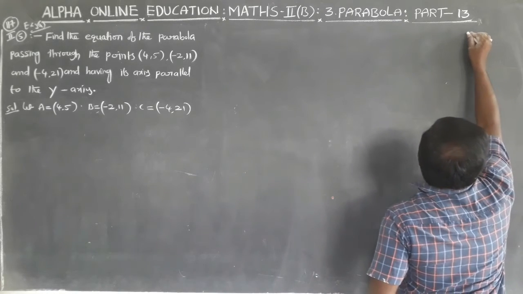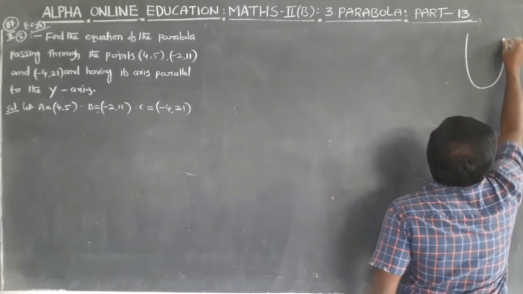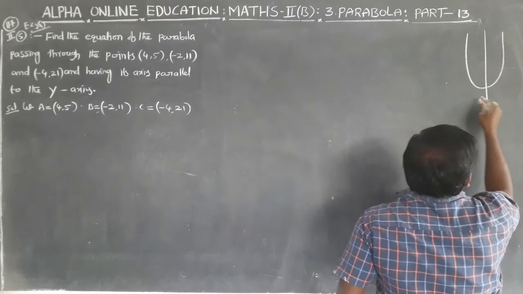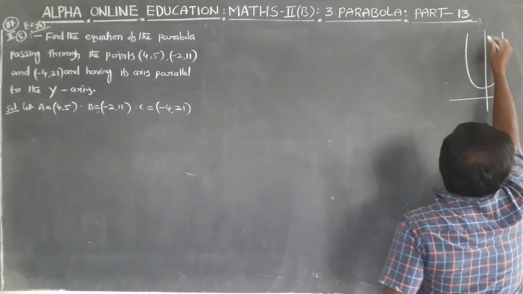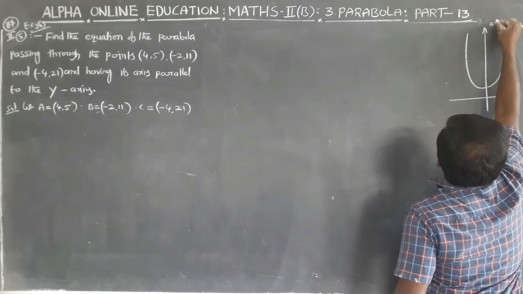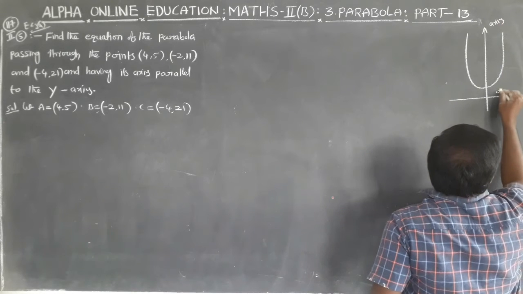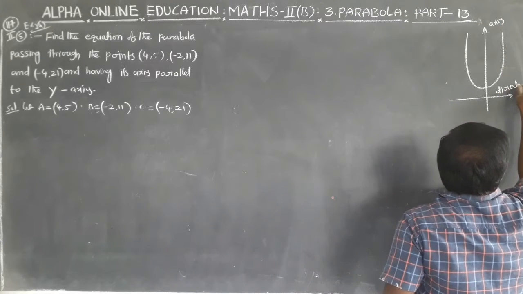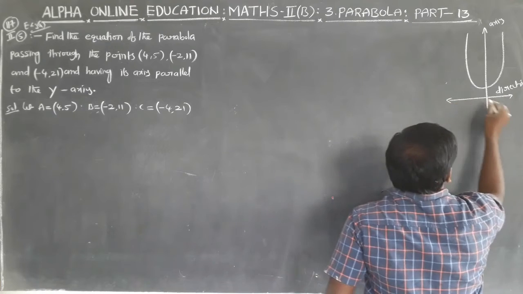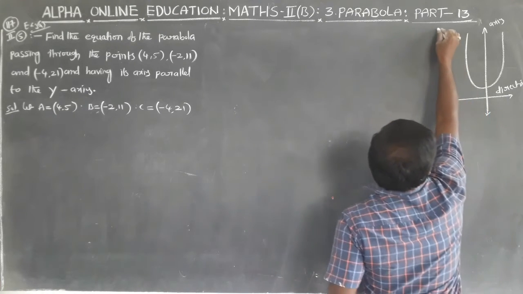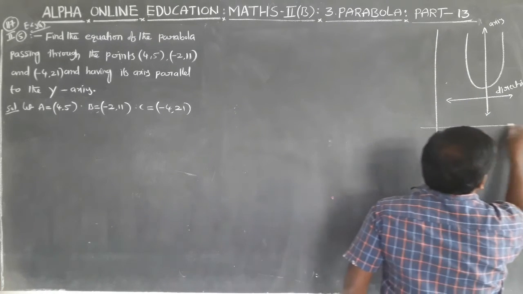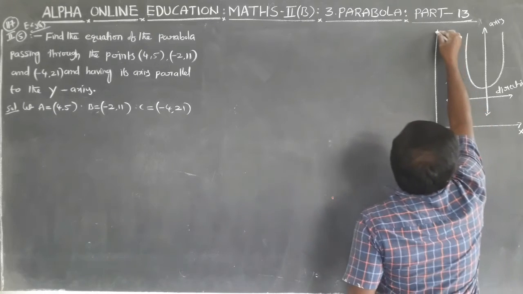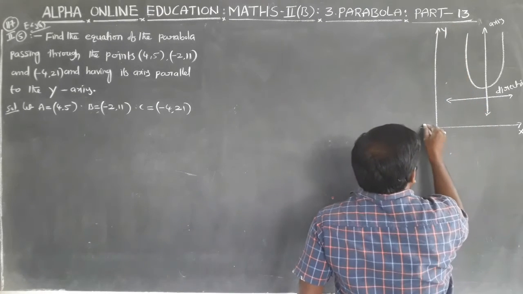Here is the equation of the parabola whose axis is parallel to the y-axis. This is the axis, this is the directrix, this is the x-axis, this is the y-axis.